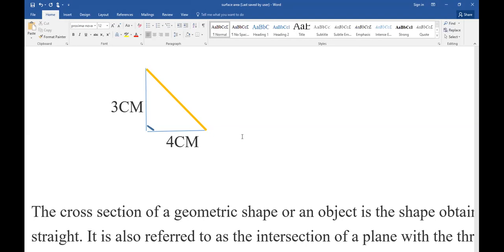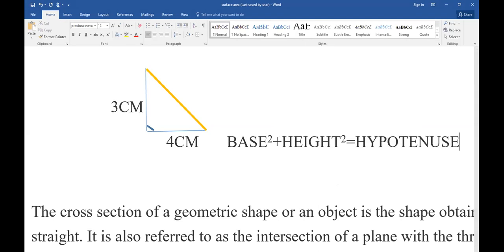For the hypotenuse, we say base squared plus height squared is equal to hypotenuse squared.